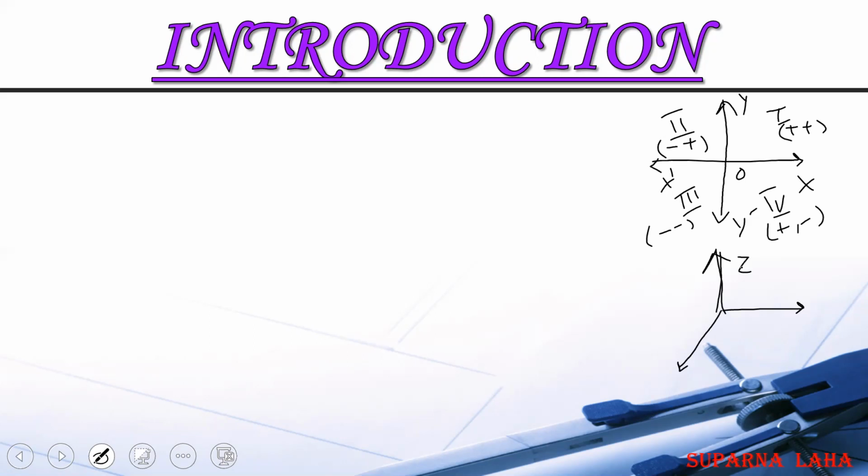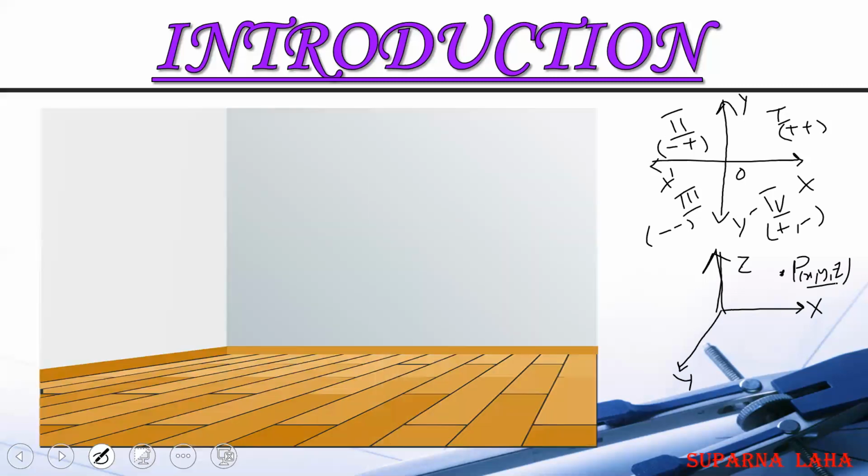Okay, and they are perpendicular to each other. So any point in space, if we take any point in space, x comma y comma z, represents the distance from the x-axis, y-axis, and the z-axis. To understand the three-dimensional coordinate geometry, just consider one corner of your room.